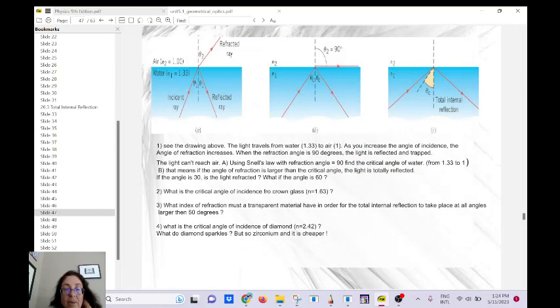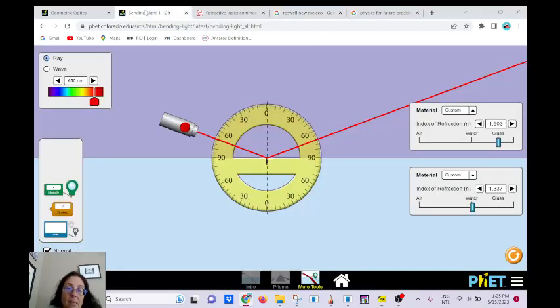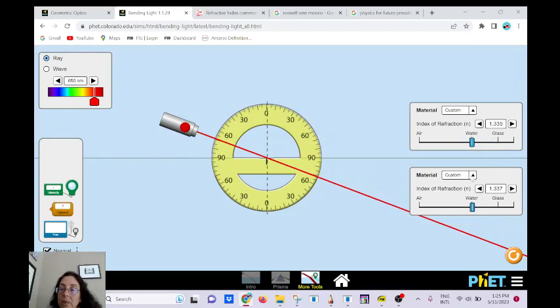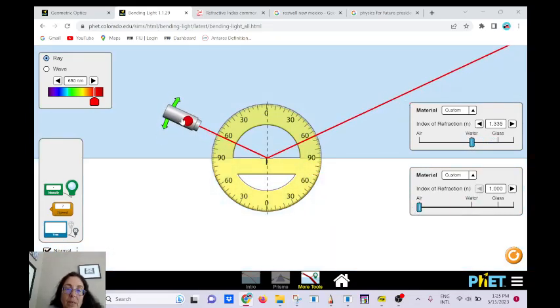Diamond is 25. And I think we did already a lot of those problems here. Water to air, we said it's about 49 degrees. We did that class before. If you go from water to air, it's about 49.